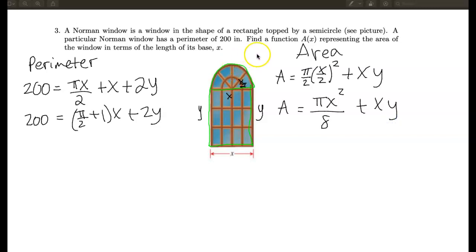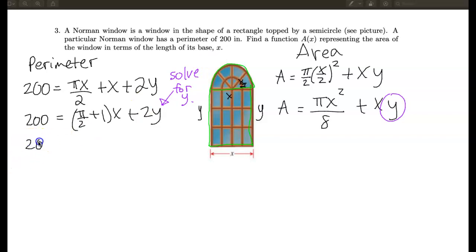And when we go back and look at the problem, it wants us to represent the area as a function of its base x. And so we want this y to be in terms of x so that the area will be in terms of x. And to do that, we should solve for y. Alright, so when we solve for y, I'm going to start by subtracting this term from both sides.